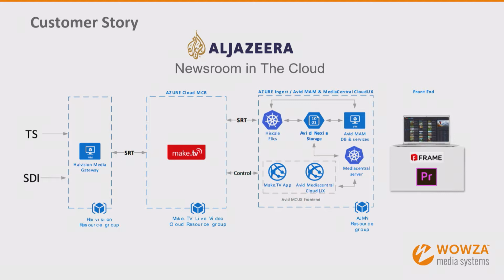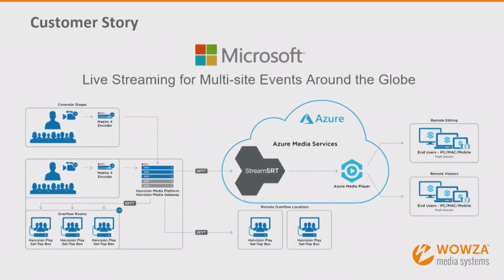It's been a very effective way for them to minimize the use of those expensive links. Another case, potentially similar to this one, is external overflow rooms in venues that need a low latency feed of the action. Also as an ingest into a distribution mechanism such as Azure or any other cloud service for delivery at scale.